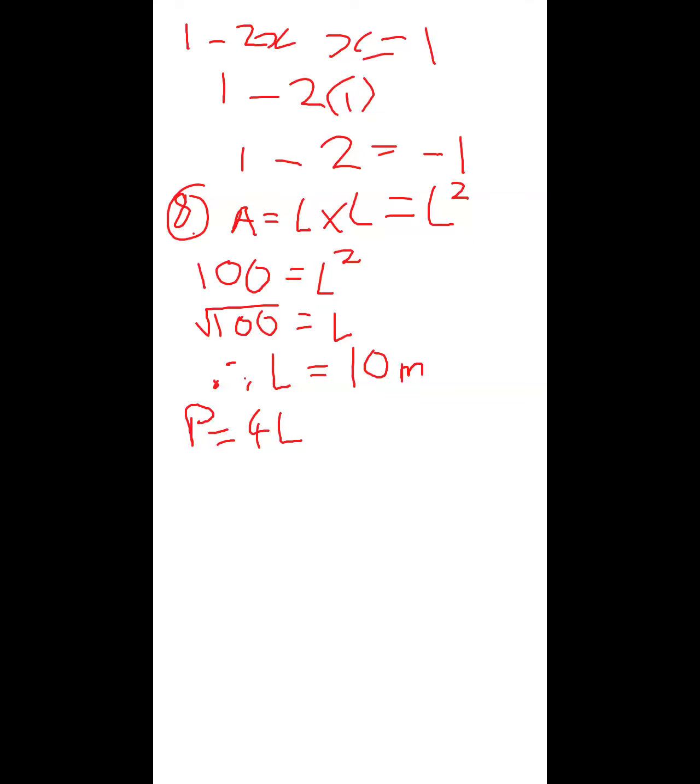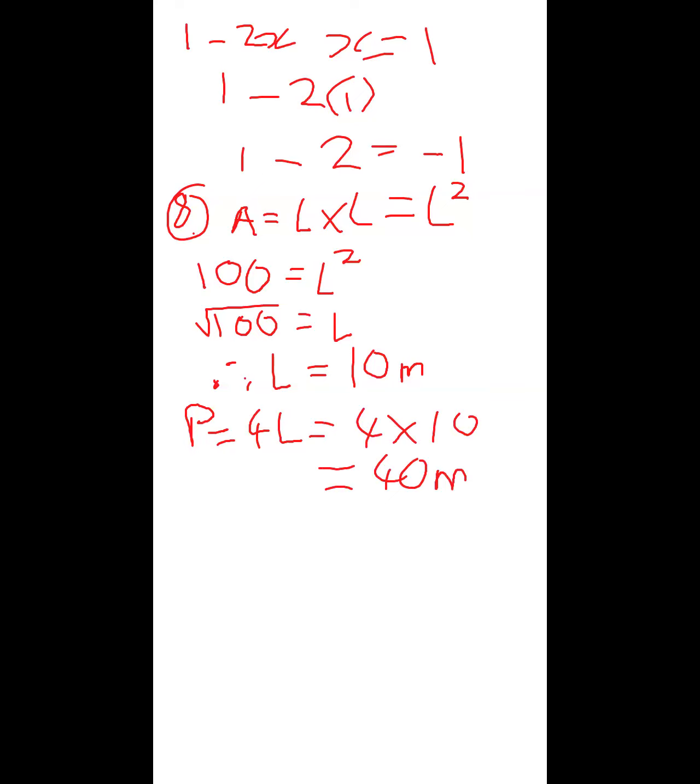So now we know the formula for the perimeter of a square. I'm now going to use that length L that I found when finding the area. So the perimeter will be equal to 4 times 10, which is 40. 4 times 10 equals 40 meters.